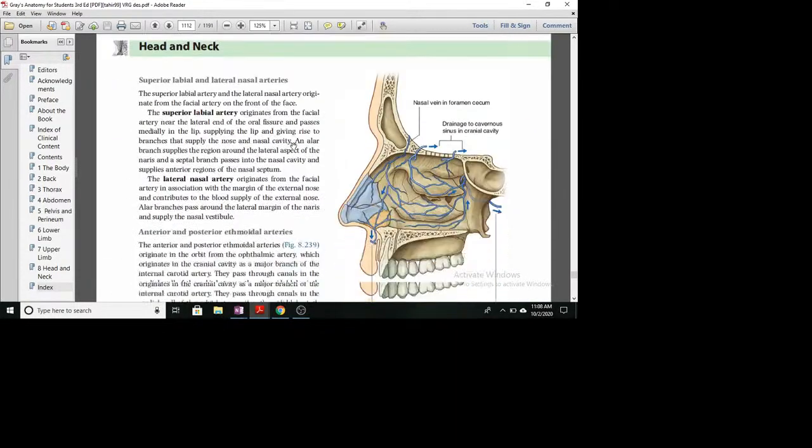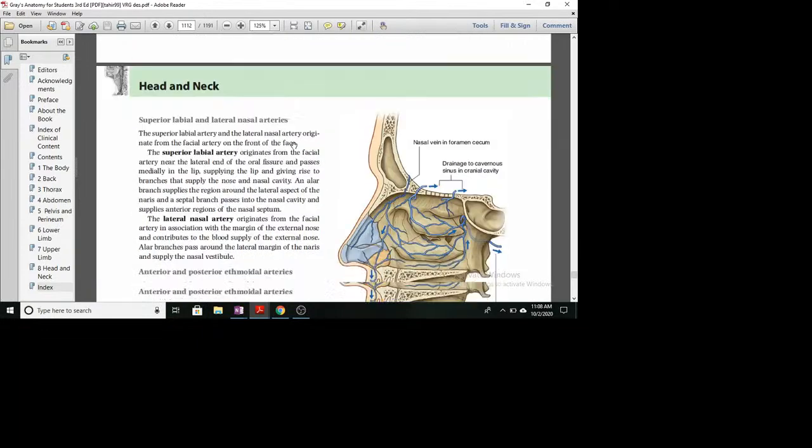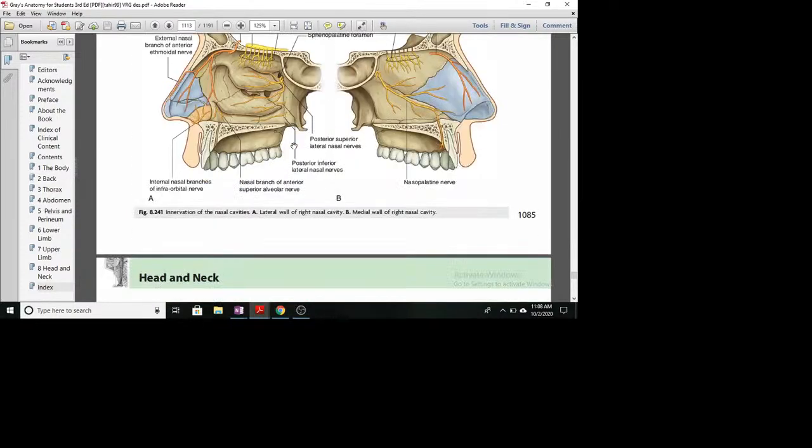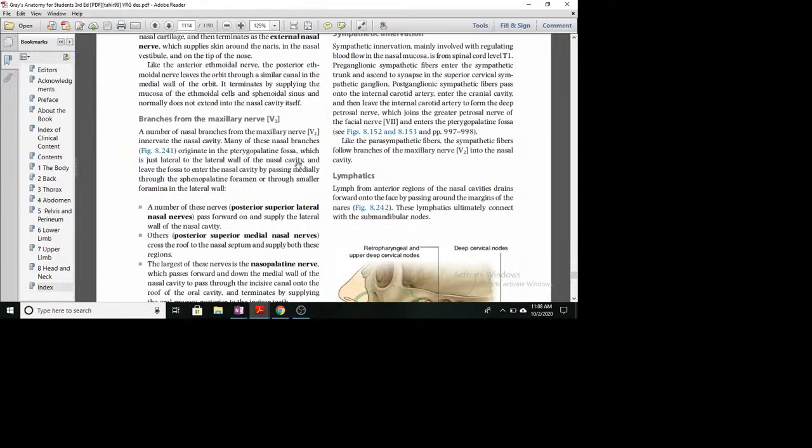We'll be revising till we go to page 1096. So there are four muscles: genioglossus, styloglossus, pharyngoglossus, and so on.